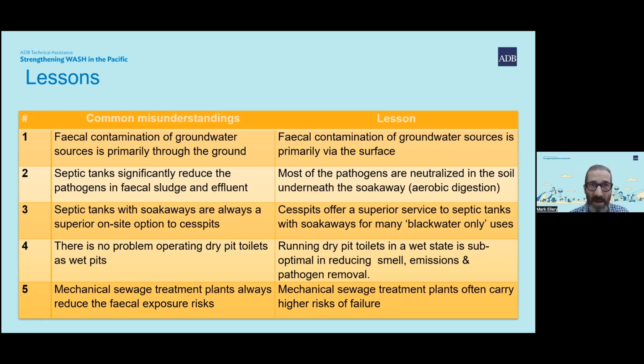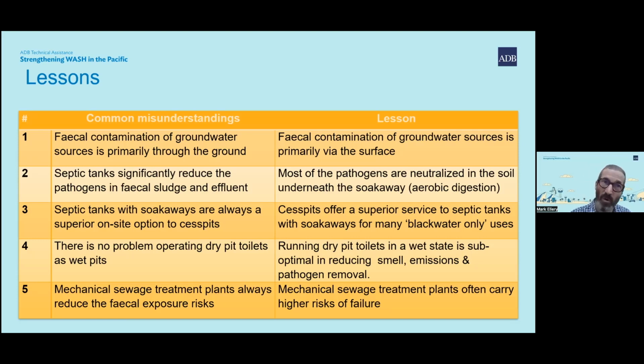Septic tanks aren't always superior to cesspits, and in settings where you don't have access to septage trucks, or low income settings, cesspits are a superior option to septic tanks, as long as we don't discharge fats into cesspits.